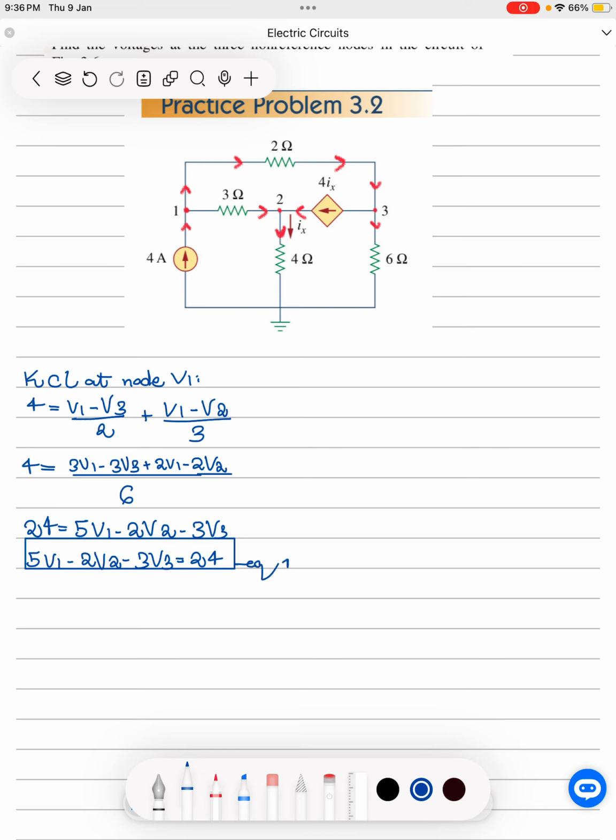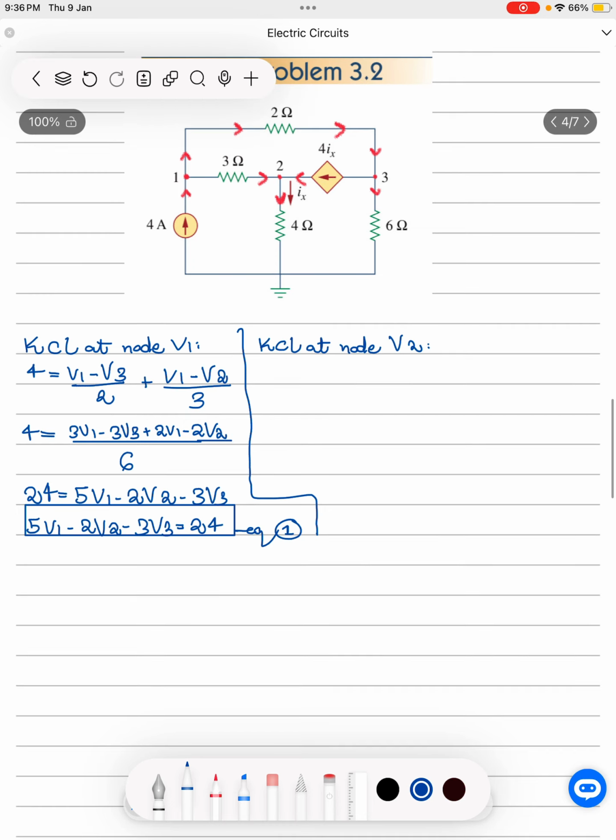Alright, now the second step is to apply KCL at node V2. The current entering node V2 is this current, and the current leaving is this current.